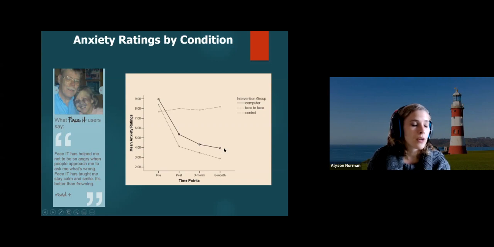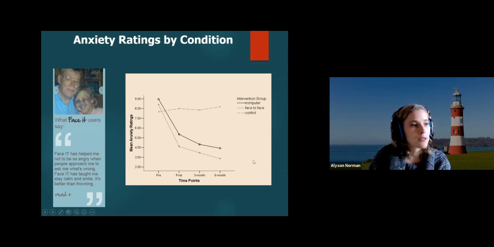What we were trying to achieve with the FaceIT program was not to replace face-to-face delivery, but to provide an additional form of intervention. So we were expecting that it would not necessarily be quite as effective, but it was still statistically significant changes over time. And what was really nice to see was that quite often with online interventions you see a nice drop off pre to post, but then the results start to trail off, or actually there's an increase in symptoms over the next 3 to 6 months.